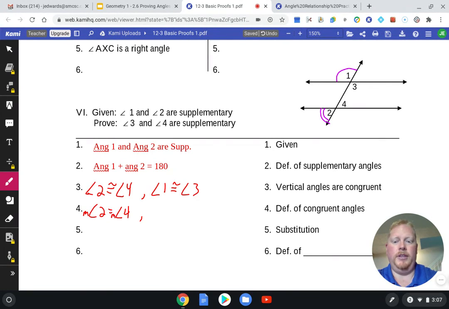And then I'd also put the measure of angle 1 equals the measure of angle 3. Now, why would I do that? Because if I go back to this equation in step 2, angle 1 plus angle 2 equals 180, and I'm trying to prove that 3 and 4 are supplementary, since I know that angle 1 equals angle 3, I'm going to take angle 1 out of here, and I'm going to put angle 3.